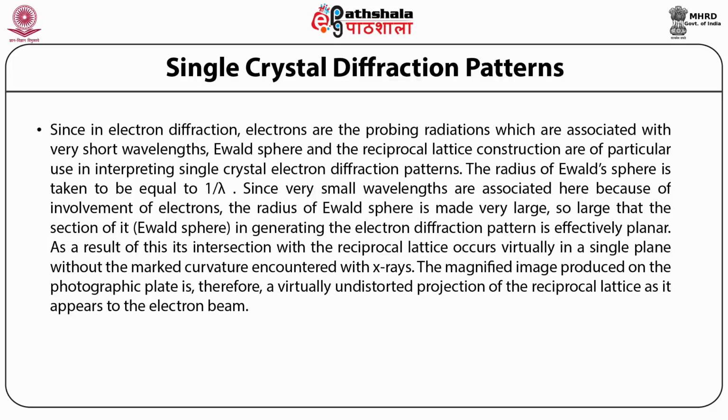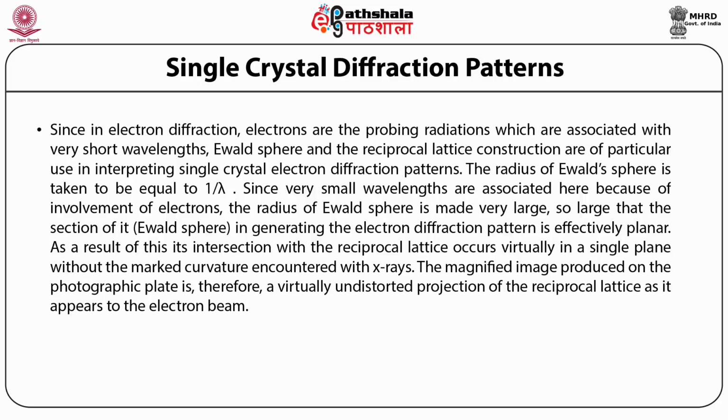Since very small wavelengths are associated here because of involvement of electrons, the radius of the Ewald sphere is very large, so large that the section of it in generating the electron diffraction pattern is effectively planar. As a result, its intersection with the reciprocal lattice occurs virtually in a single plane without the marked curvature encountered with X-rays.